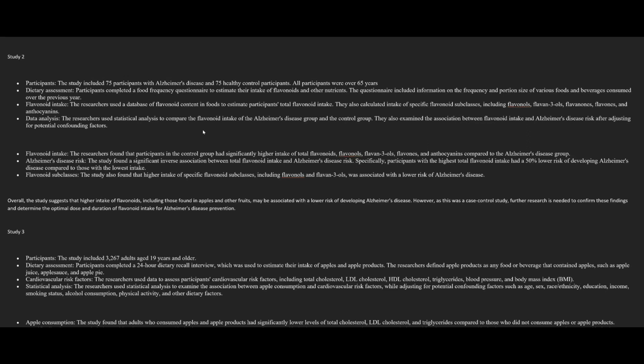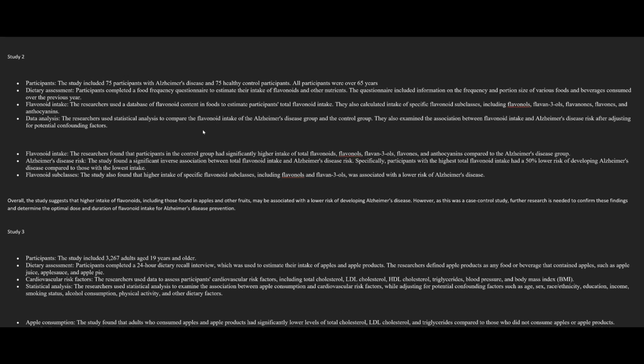Alzheimer's disease risk. The study found a significant inverse association between total flavonoid intake and Alzheimer's disease risk. Specifically, the participants with the highest total flavonoid intake had a 50% lower risk of developing Alzheimer's disease compared to those with lower intake. Flavonoid subclasses. The study also found that higher intake of specific flavonoid subclasses, including flavonoids and flavan-3-ols, was associated with lower risk of Alzheimer's disease.